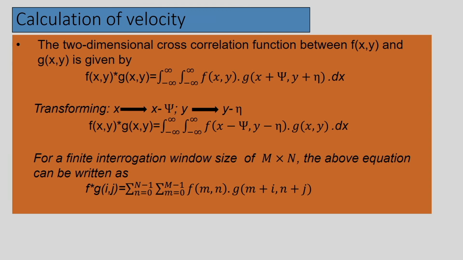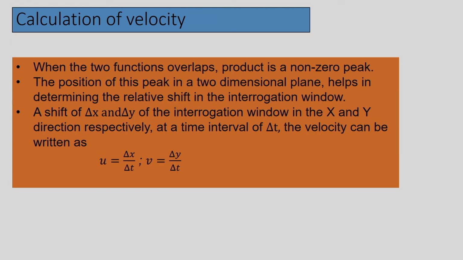So instead of only f(x), here the functions are f(x,y) and g(x,y). Similarly, we transform x to x minus psi and y to y minus eta, and the same procedure is adopted. Finally, for a finite integration window, we use this equation to track delta x and delta y.